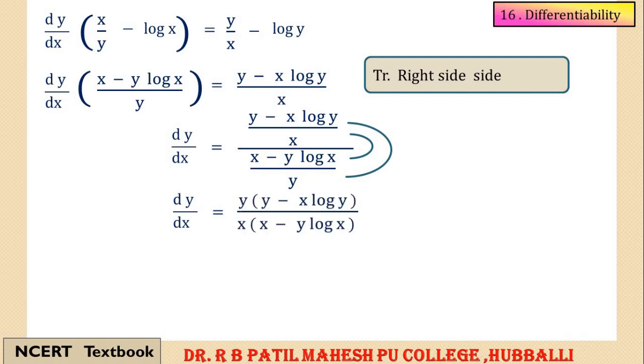So it becomes y into bracket y minus x log y divided by x into bracket x minus y log x. So this is the dy by dx function. Now this is the method of finding dy by dx.